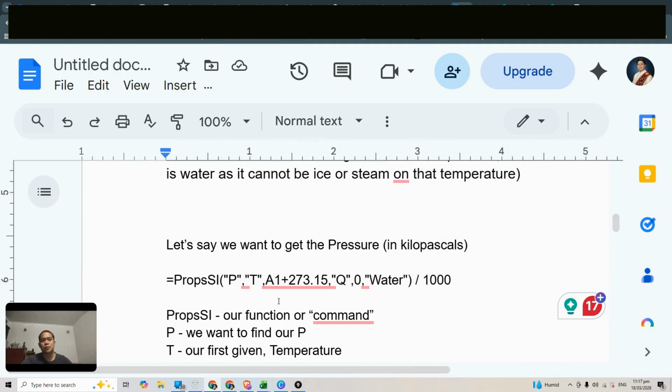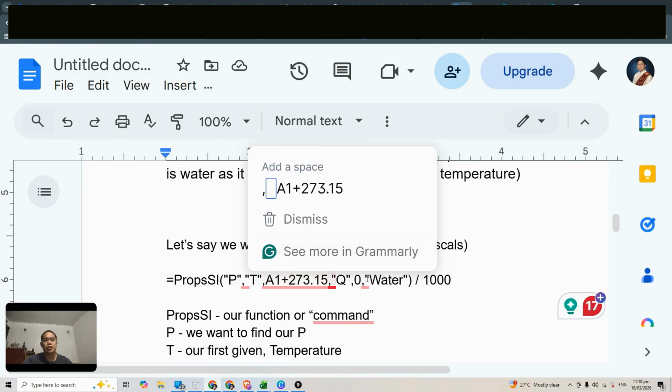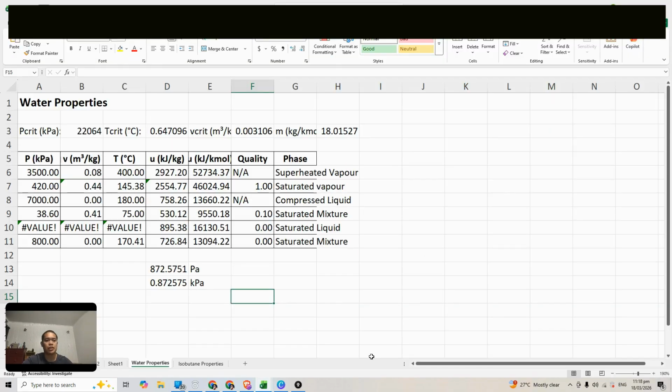Then for the other things that you're looking for, let's say for example you're looking for the peak rate or whatever it is, you're just going to be changing all of these factors. So let's say for example we want to find this peak rate, this value 22064. So let's try it. We want to do it in kPa.